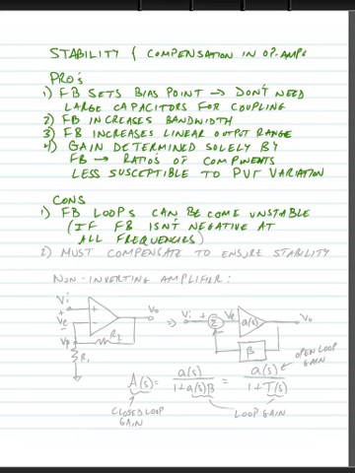What we're going to find is that we need to be careful about the phase shifts around our loop. And the second con is that we have to compensate to ensure stability.